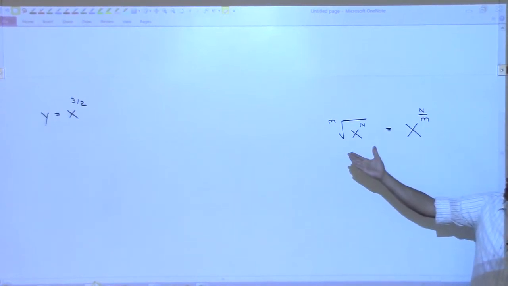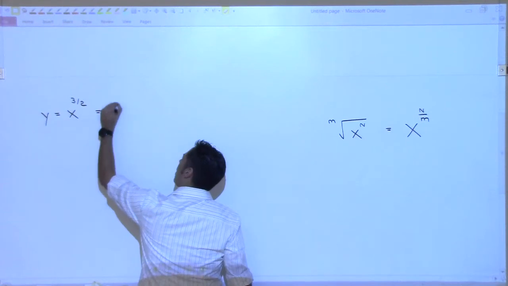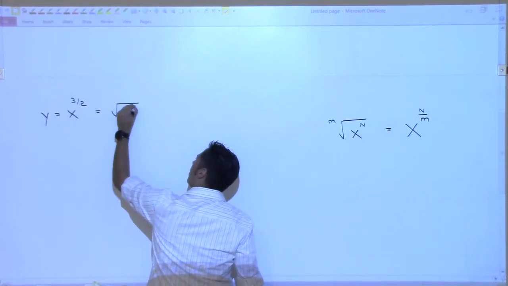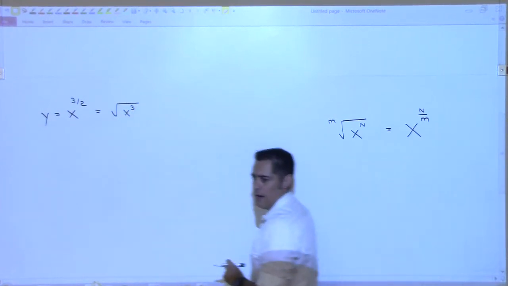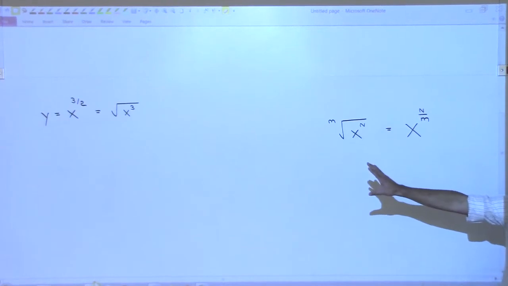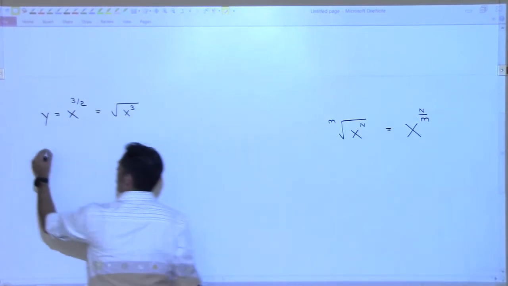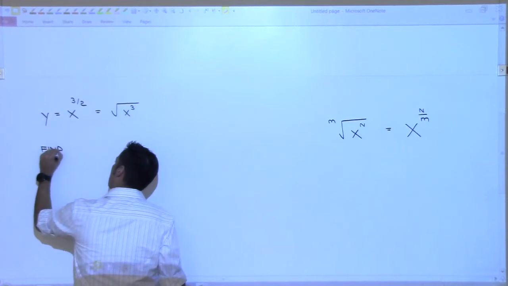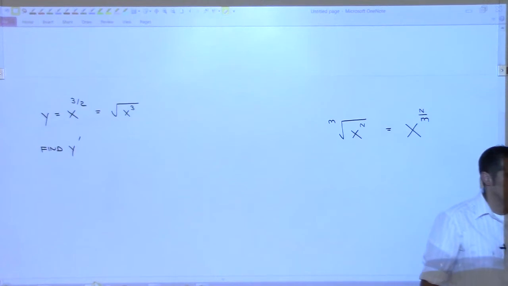So when you see that over there, that really means what? Square root of x cubed. Now I don't need to write the 2 out here because the square root implies it's a 2, right? That's just so we all understand that that's the function we're looking at. Now I want us to find y prime. So that means I want us to take the derivative, right?